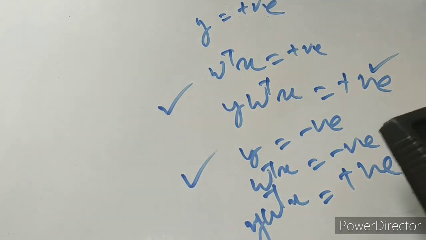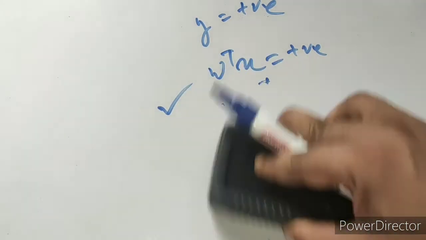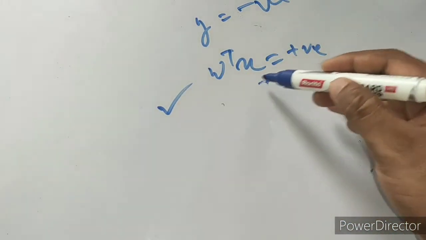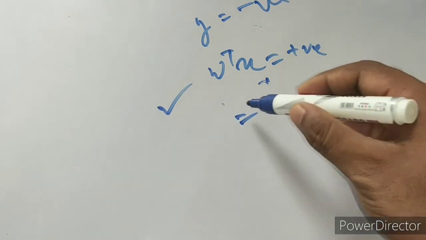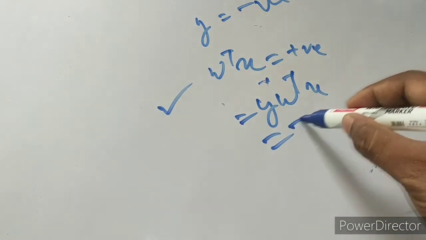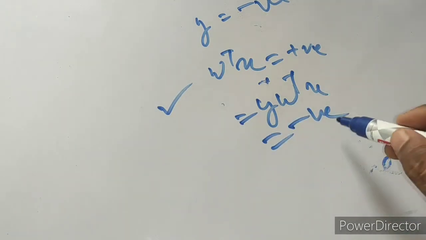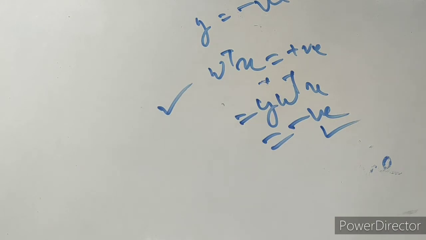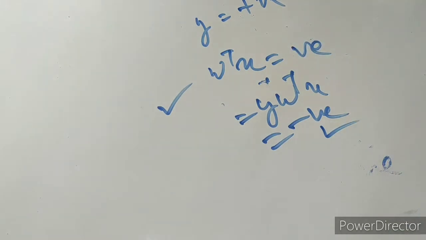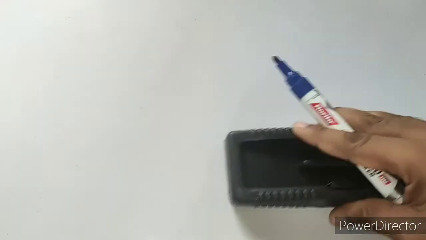If y is negative and WTX is positive, the multiplication y into WTX becomes negative. It means incorrect classification. Or vice versa, y is positive, WTX is negative, the product is negative. It means incorrect classification.